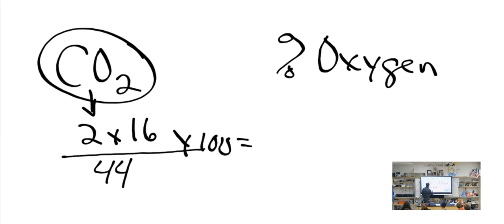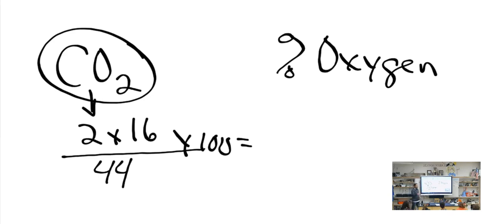So you're going to multiply it by 100. You end up with 32 divided by 44, or 16/22, or 8/11. I don't know that answer. Then you multiply it by 100.